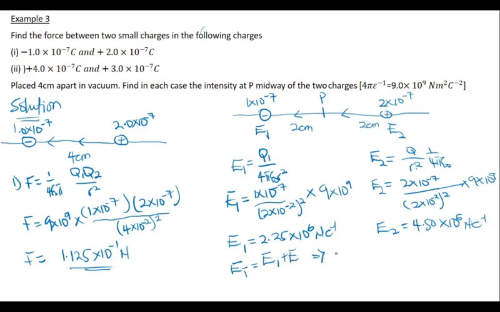So E total is 2.25 times 10 raised to the power 6 plus 4.50 times 10 raised to the power 6. If we sum the two, we get 6.75 times 10 raised to the power 6 newton per coulomb. So this is how we go about finding the electric field intensity midway for the first part.